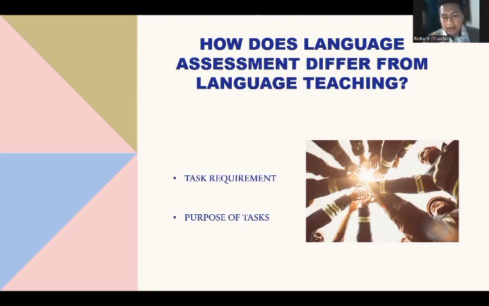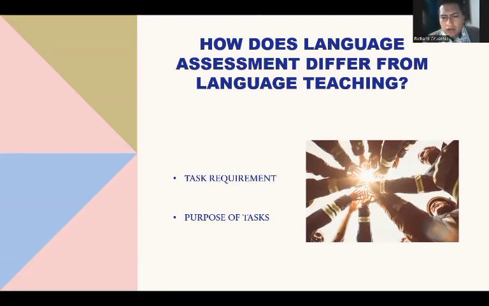In the board, the task requirement is to generate knowledge in the students. But on the one hand, we have language teaching, which provides resources or an environment that helps my students to catch what I'm teaching or what I want to teach during a week.